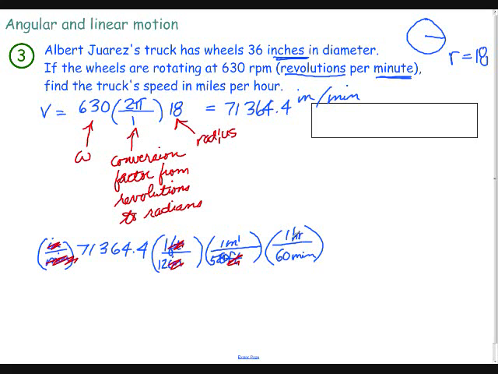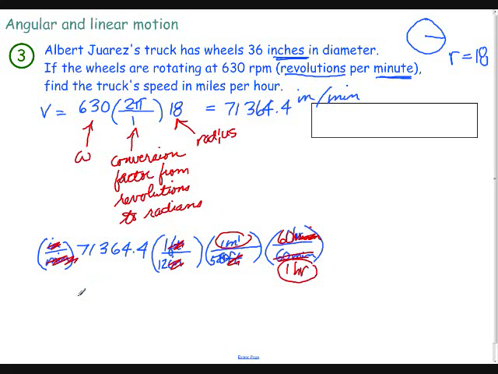Ooh, I did the minutes wrong, didn't I? Should be 60 minutes per 1 hour. That's an easy mistake to make, isn't it? Wow, glad we checked it. Minutes. And that will leave me with miles per hour.